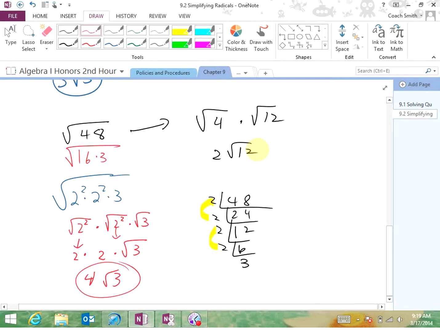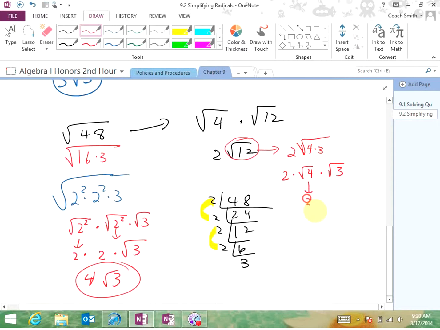The other way that you can see it is right here. That's 2 times the square root of 4 times 3. Okay, which is 2 times square root of 4 times the square root of 3.